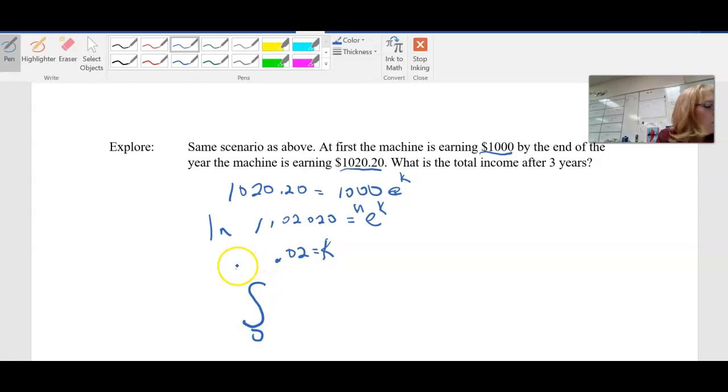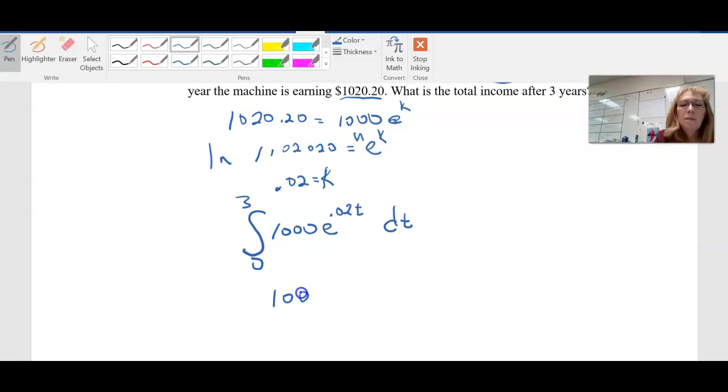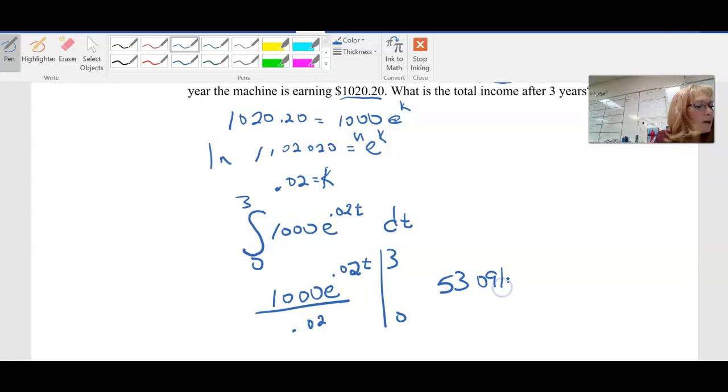So for the first 3 years, we do this. 1,000 e to the 0.02 t, for time, dt, do your integration over your 0.02, all from 0 to 3, and you should have gotten 53,091.83 minus 50,000, and your total was $3,091.83 for the first 3 years.